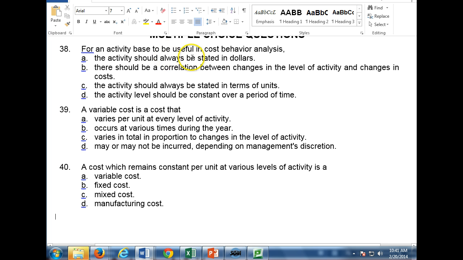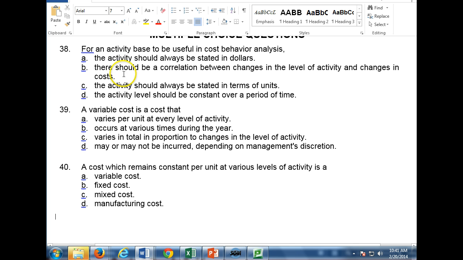So the activity should always be stated in dollars? Probably not. The activity should always be stated in terms of units. The activity level should be constant over a period of time. We've talked about nothing about anything being constant in this chapter, have we? So we've got a consensus that the right answer might be there should be a correlation between changes in the level of activity and changes in cost.